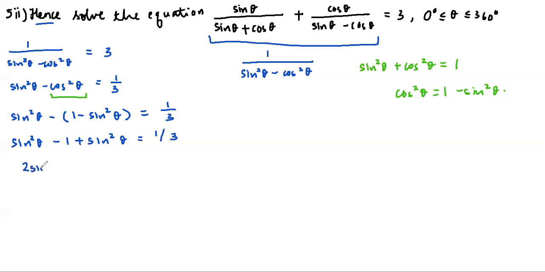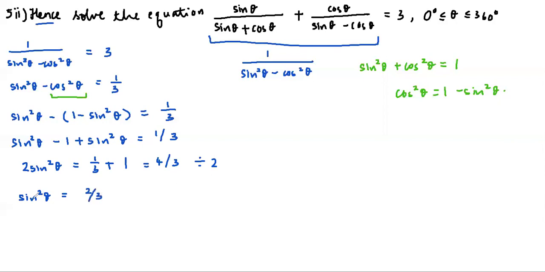Rearranging, you have 2 sine square theta equals 1/3 plus 1, which is just 4/3. Isolate sine square, so you divide throughout by 2, so that sine square now is 2/3.